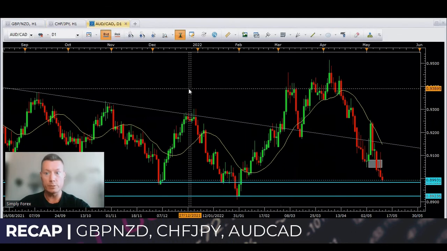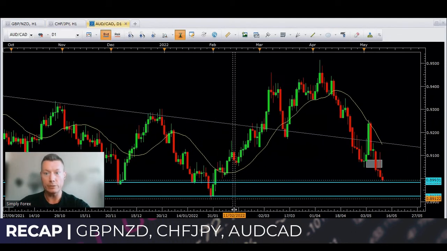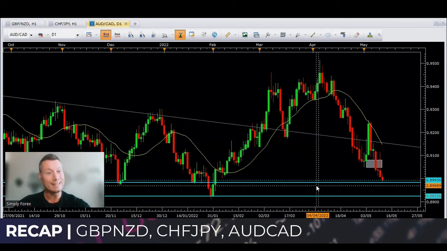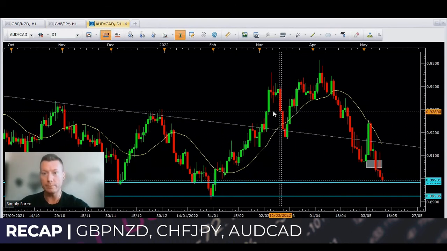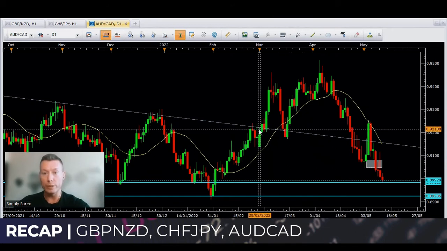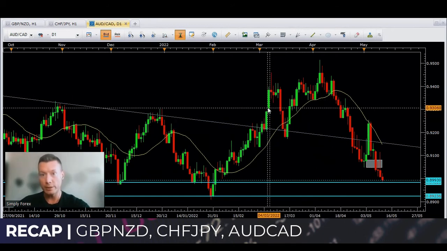The third one, guys, was this. This was the Aussie dollar against the Canadian dollar. This was a difficult one to trade today, and I'll show you in more detail. But the reason we were looking to short this is quite obvious. It was in an uptrend, then broke this low.